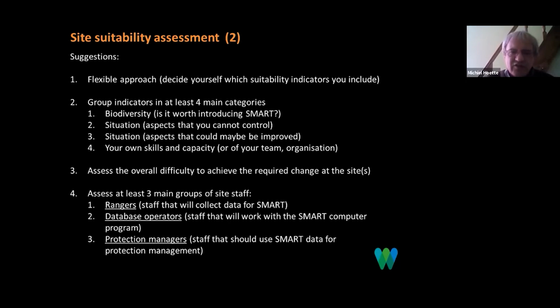Then I think you should create a set of factors that are important, but are not under your control during the project. I'll give some examples later. And then also things that you might try to change before you start or in the process. So things that you have at least some control over in the situation where you work.